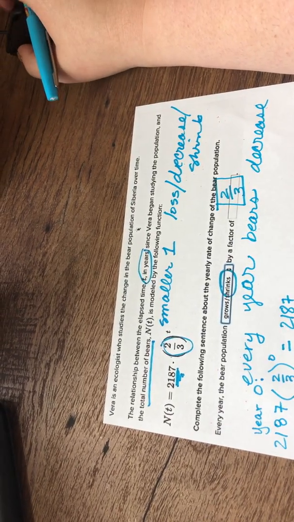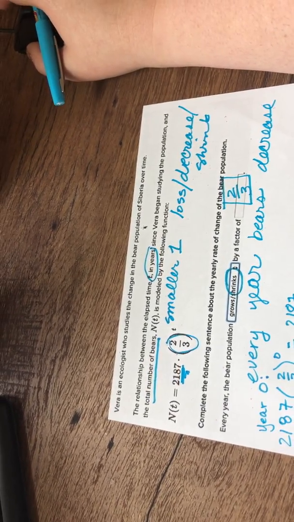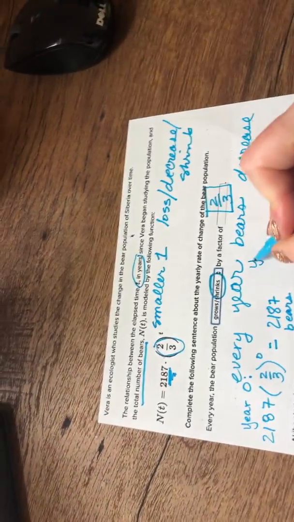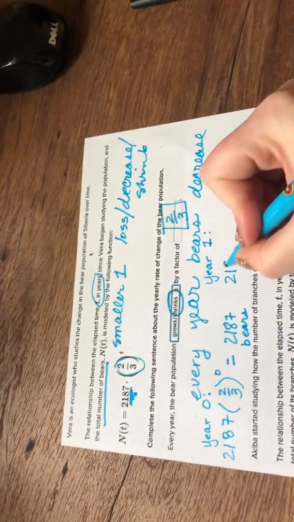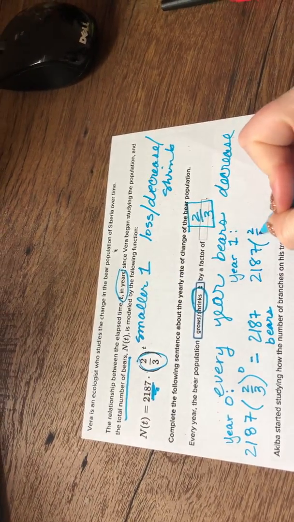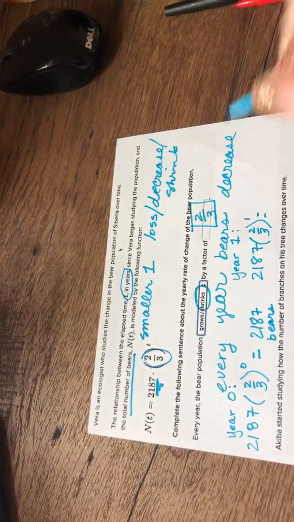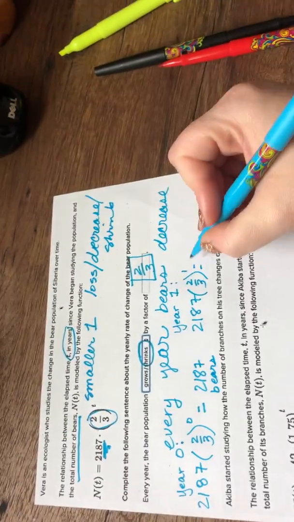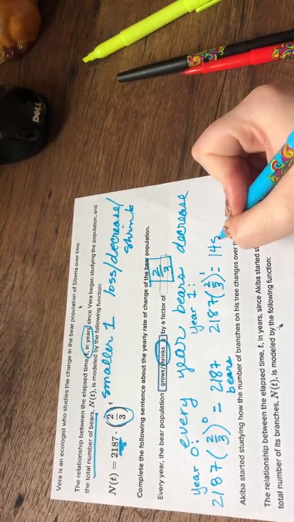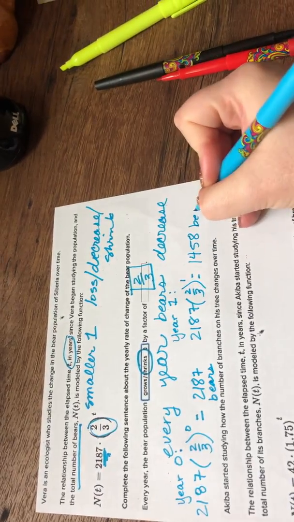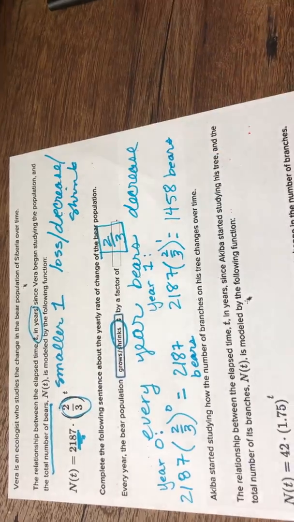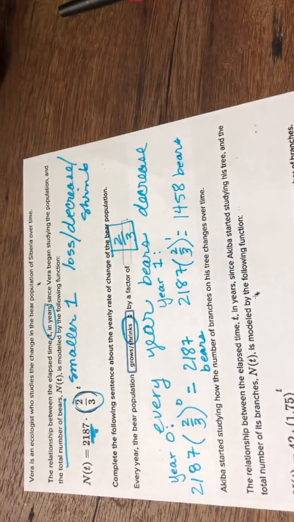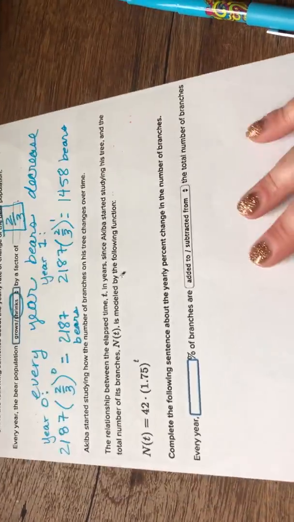Or, let's say at year 1, we'd have 2187 times 2/3 to the 1, and our years should be decreasing. If I put that in the calculator, just trust me, you get 1458 bears-ish. And look, the number is decreasing. Okay, let's go to the next one.